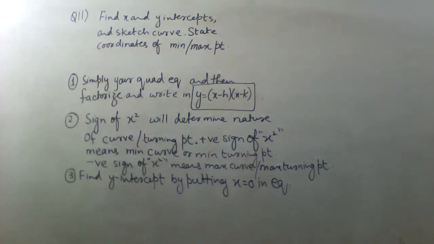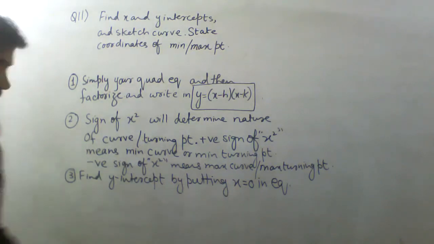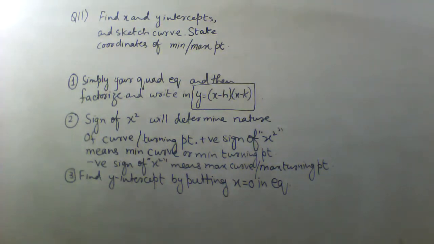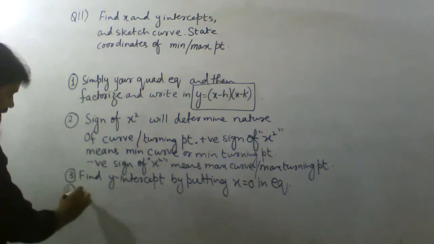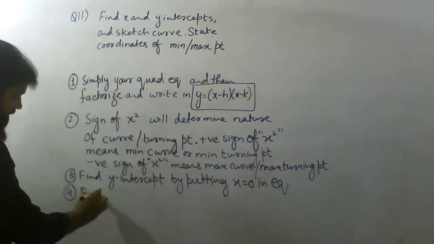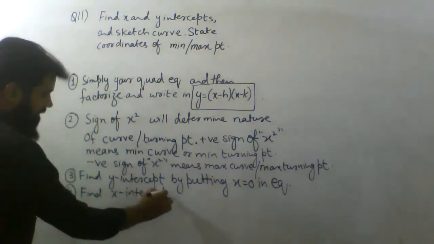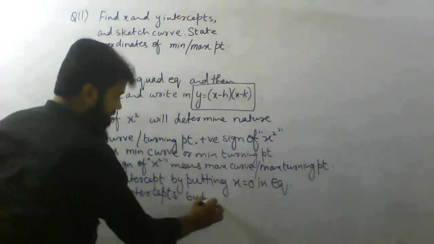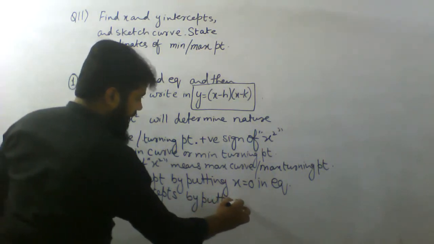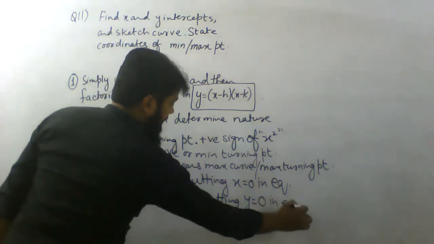Whatever your equation will be given, you will put x equals 0 and you will have the y-intercept value. After that, number 4, find x-intercepts. Find x-intercepts by putting y equals 0 in the equation.